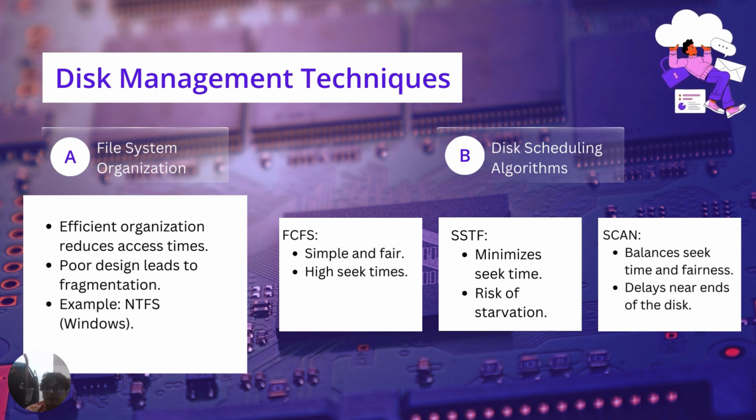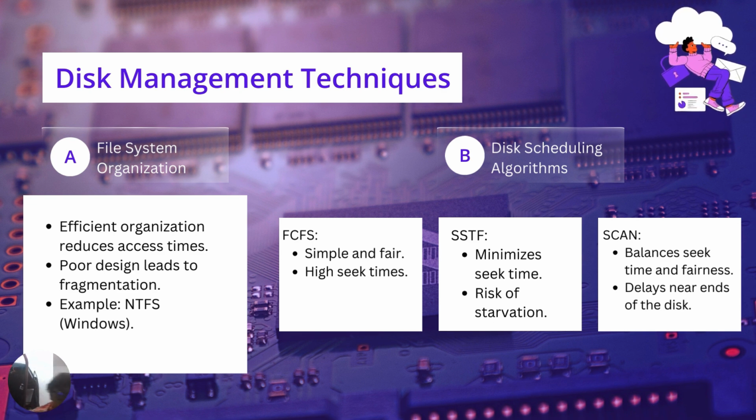For example, the NTFS file system used by Windows provides efficient file indexing and supports large volumes, improving performance for systems with large datasets. In contrast, FAT32, an older file system, can suffer from fragmentation and slower access times with large files.